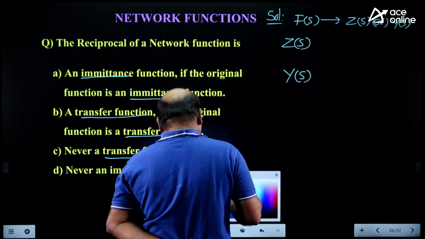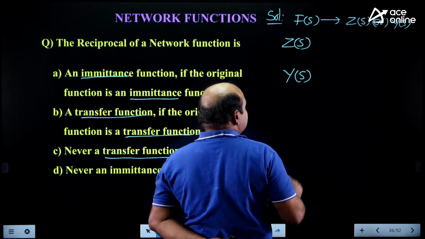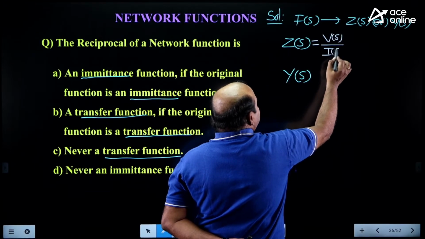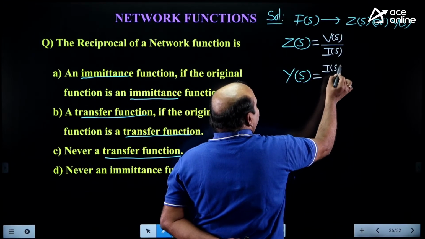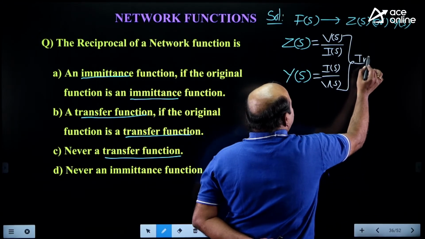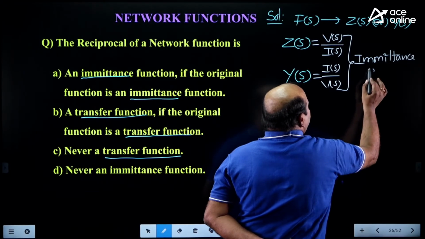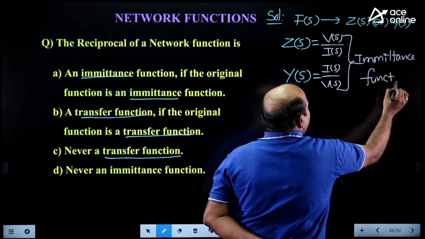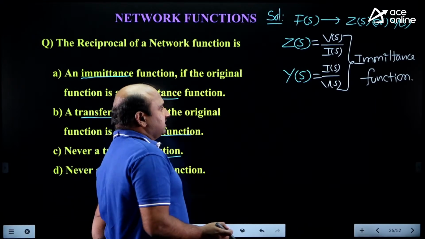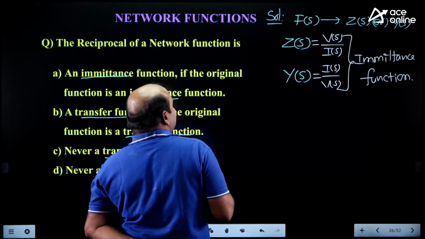That's why V of S by I of S is equal to I of S by V of S. Both are immittance functions. Are you getting it, guys? That's why an immittance function can be either one, or its reciprocal, right?